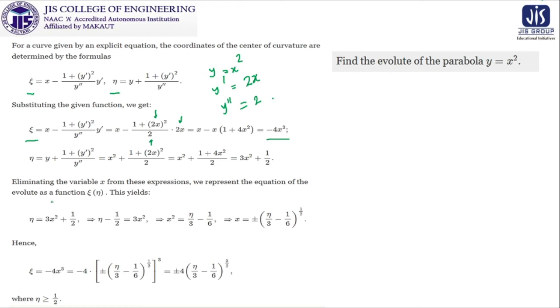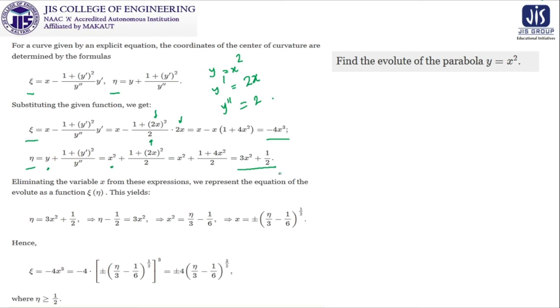And in a similar manner, according to the formula, when we find neta, in place of y dash and y double dash it is substituted, but here it is y, so y is equal to x square is given, so here we substitute x square. After simplifying we get the relationship between neta and x like this.